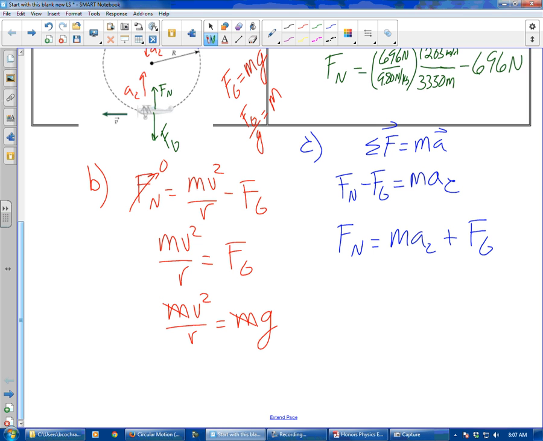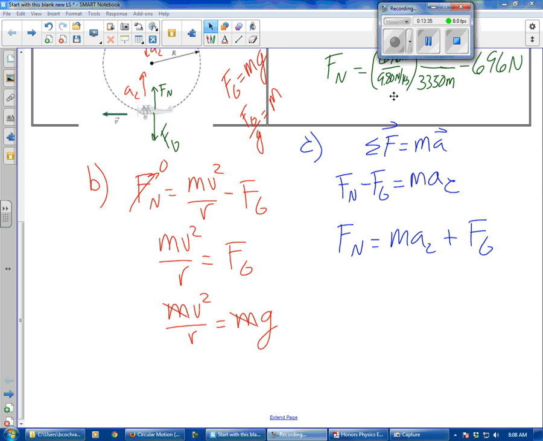Get rid of my m's, and that's why whoever's in the plane is going to feel that same weightlessness. And so then you have v squared over r equals the acceleration due to gravity, little g, and you can plug in your numbers and solve. If you need help on the individual math, let me know. I'll be glad to come around and help.